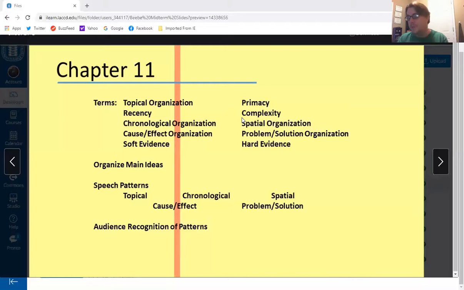Topical has three terms, and those terms are up there: primacy, recency, complexity. And again, if you're using topical, you have to know these terms to understand how to organize. And it's not hard. Primacy is the principle of primacy: discuss the most important or convincing idea first.